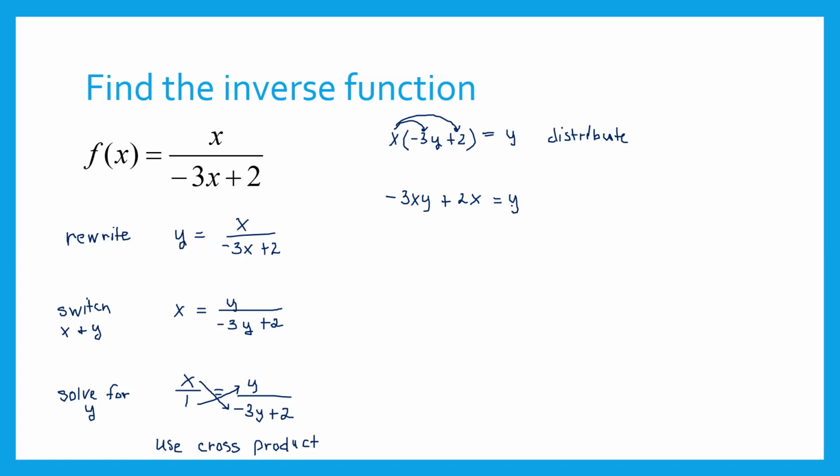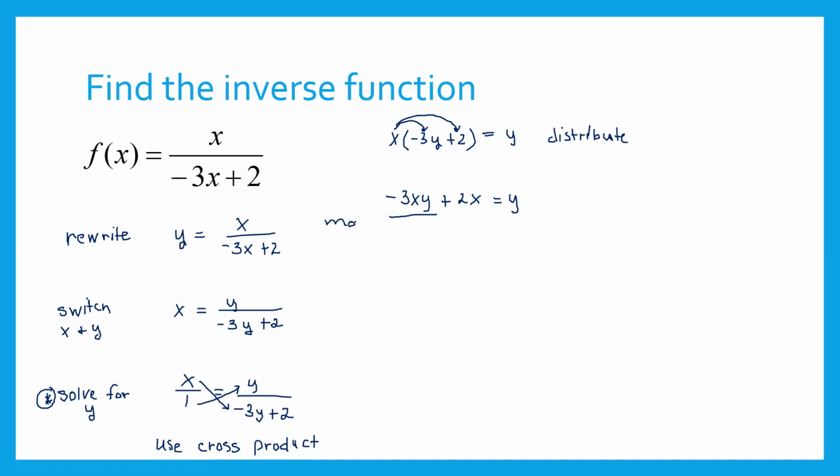So here I'm going to take that deep breath, and I'm going to be like, what am I actually supposed to do? And so I look back here. My goal is to solve for y. So I want to get the two y values together, to get them on the same side of the equation by themselves. And so what I need to do is I need to take this negative 3xy term and I need to move this term.